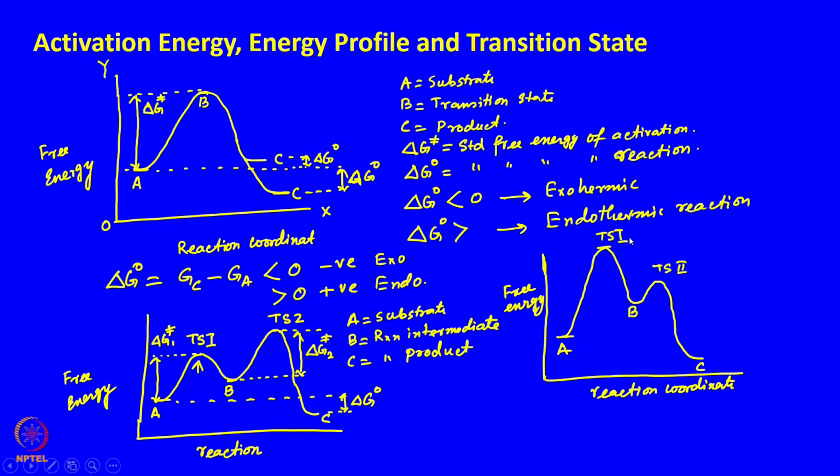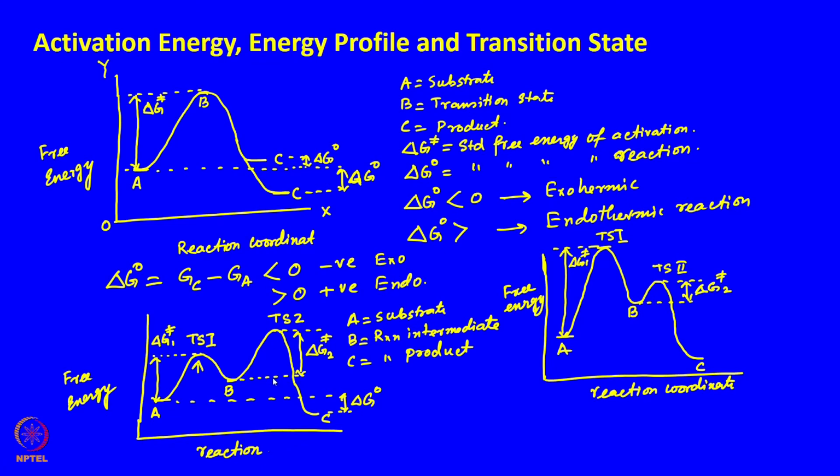So, in this case, the activation energy barrier for the formation of B from A is large compared to the activation energy barrier for B to C, which is less. So, now we have presented two different conditions.